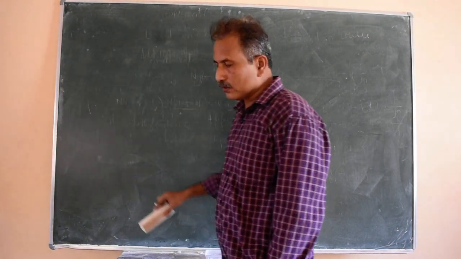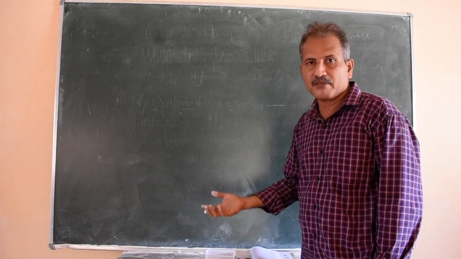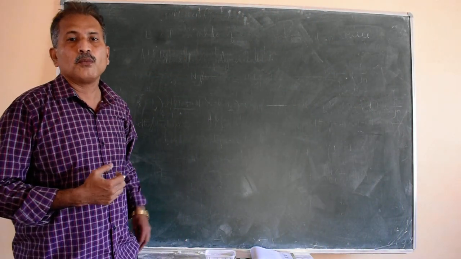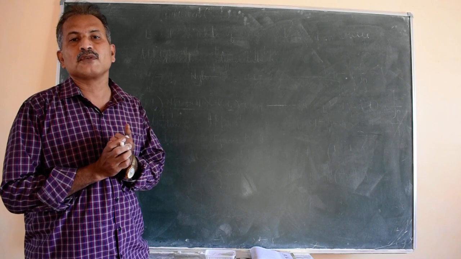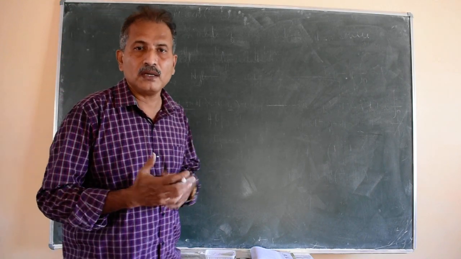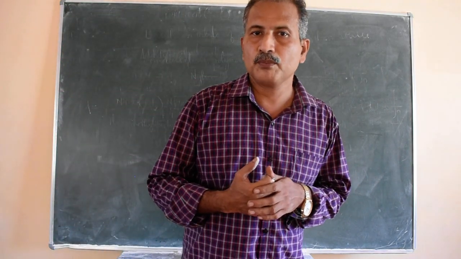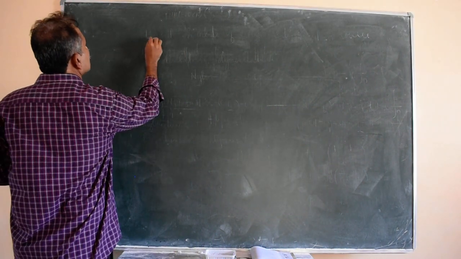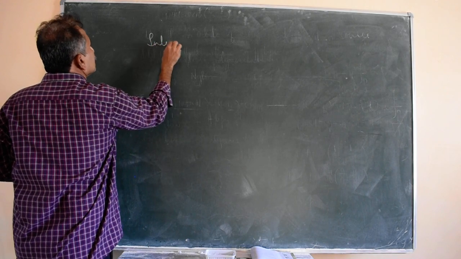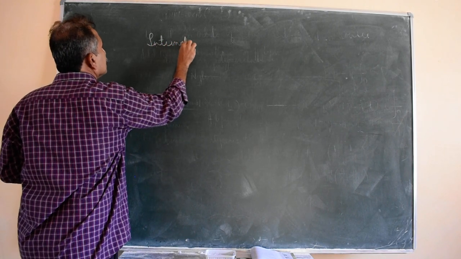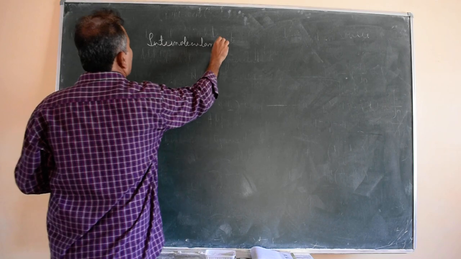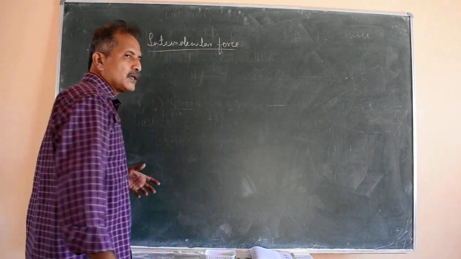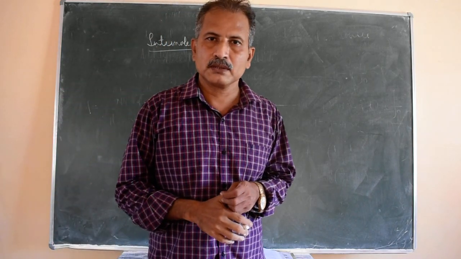Then there is a fourth way of classifying the polymers, that is based on what type of intermolecular forces of attraction exists between the monomeric units. So based on intermolecular forces of attraction that can hold the monomeric units, right?